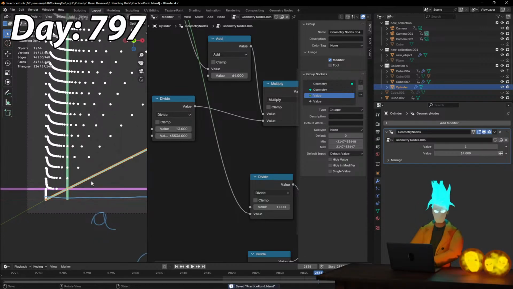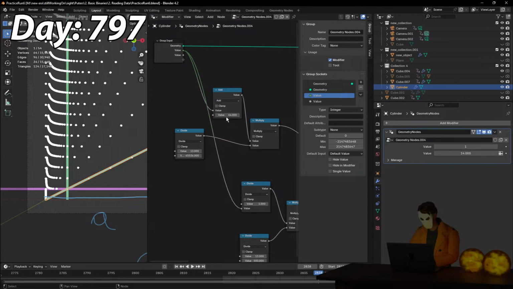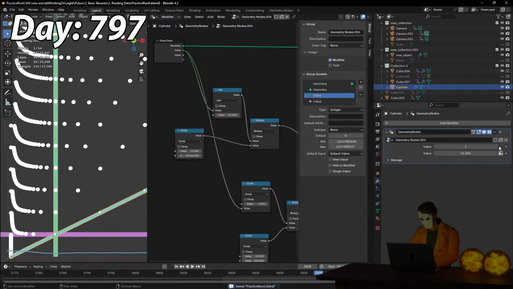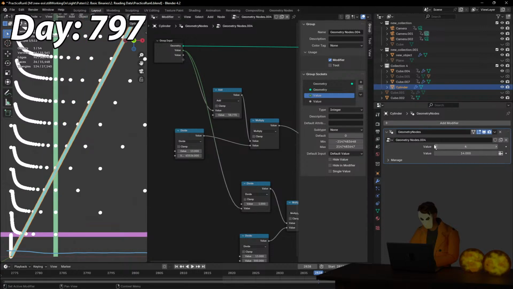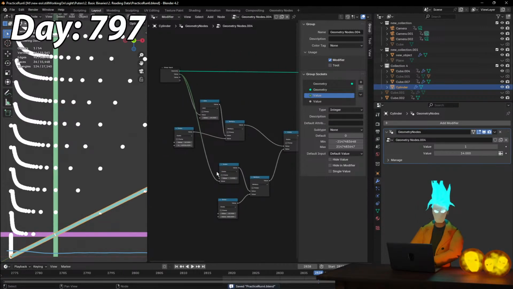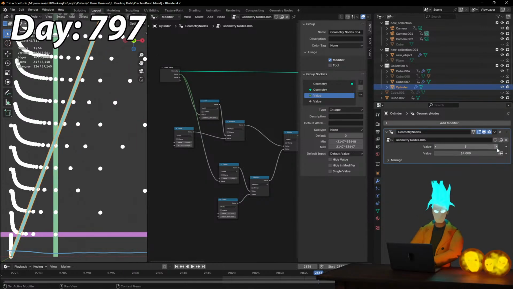Is it because we should add 63? No, 64, definitely 64. Oh, it hits the first point perfectly. It's the later points that struggle.